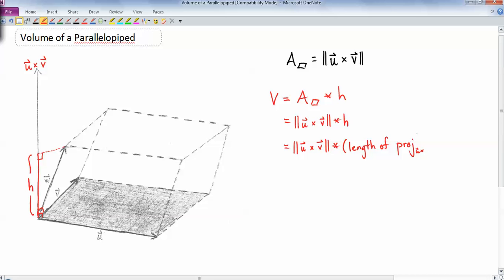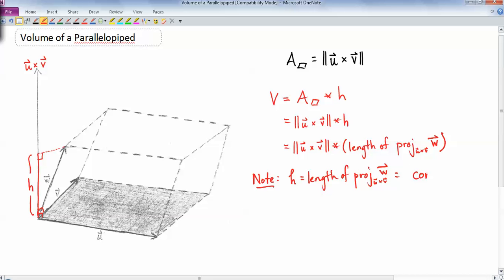Let me move that over. U cross V would be the subscript there. Okay. So we learned earlier about projections. H, then, I'll rewrite this, length of projection of W onto U cross V. That's the way to read that. Well, that's really the scalar component, right?